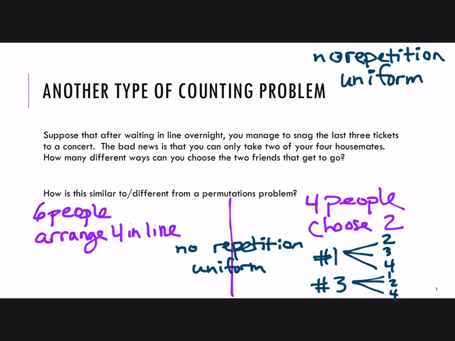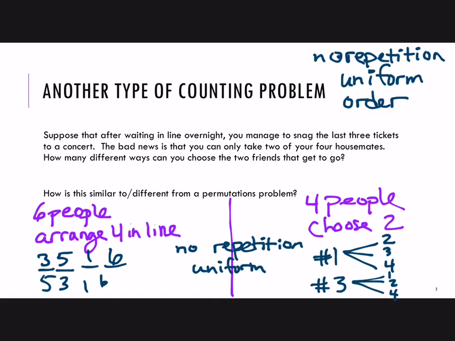And then our other requirement for permutations problems was that there be some sort of an arrangement or an order that makes a difference. So when we're arranging people in line, there's 6 people, so maybe like person 3, person 5, person 1, person 6. That's different than having a different order of those people. Well, what about the ticket situation?